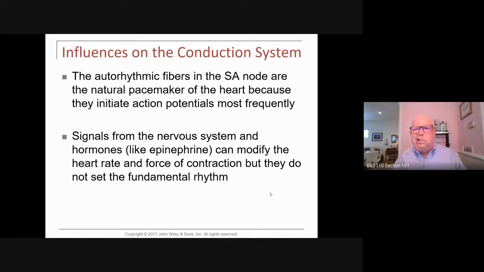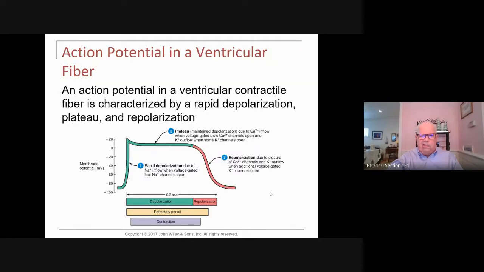If you're put to sleep by an anesthesiologist, your SA node will be put to sleep and will beat slower. Okay? But we'll talk more about the SA node and all of the others when we talk about EKGs. Okay?